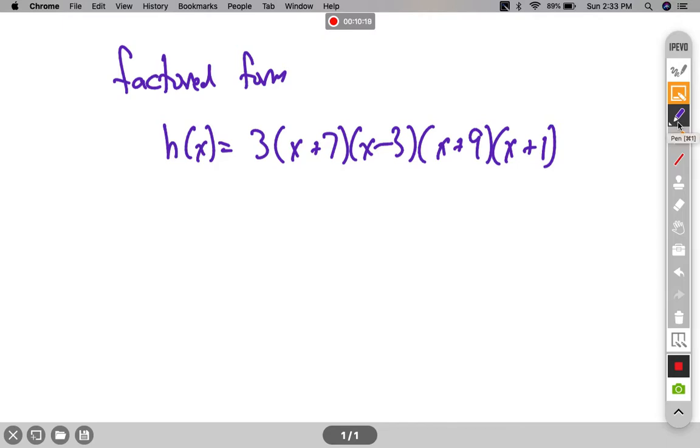Then when we come along, we can say I got 4 factors. We're going to be 4th degree. I got a 3 out front, so the leading coefficient is 3.